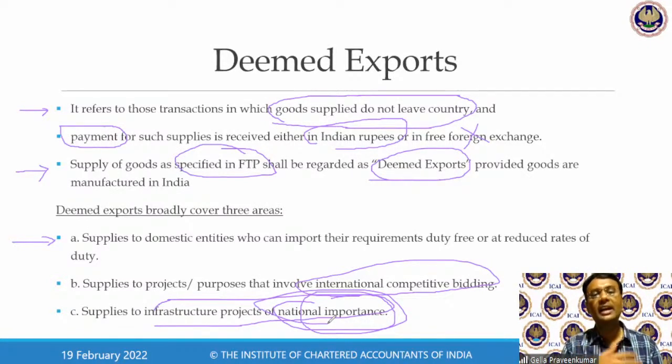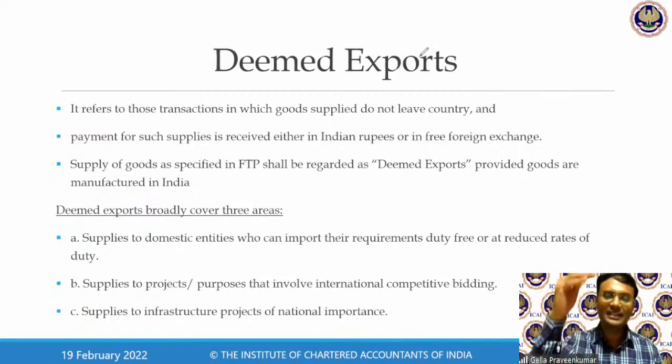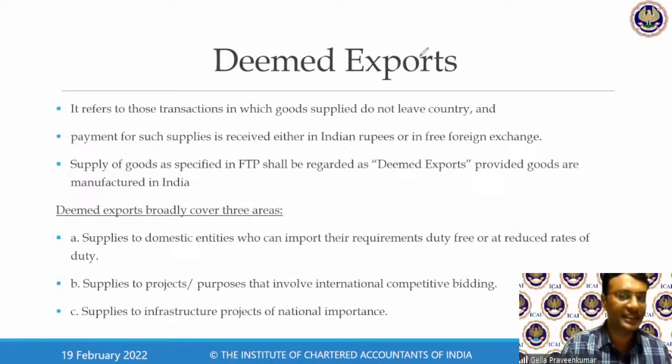What is the importance? I can supply without any duties or taxes. Now come to your page number 9.52, where they have given supply of a manufacturer supplied by main or subcontractor. So these are the three sets of classifications they have said to be deemed exports.